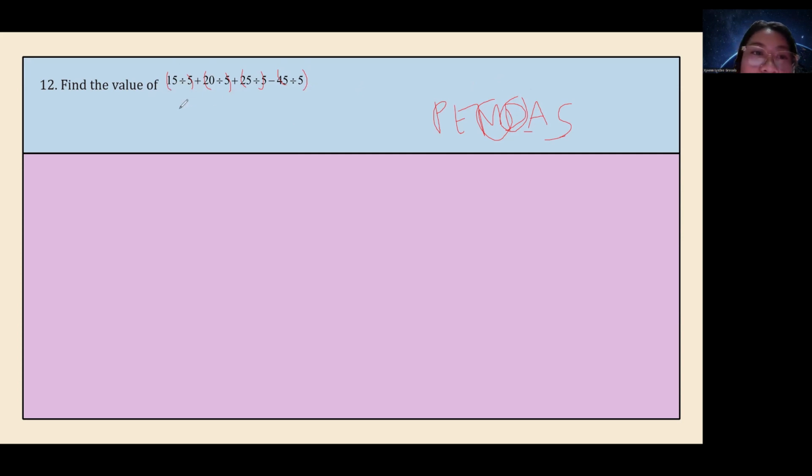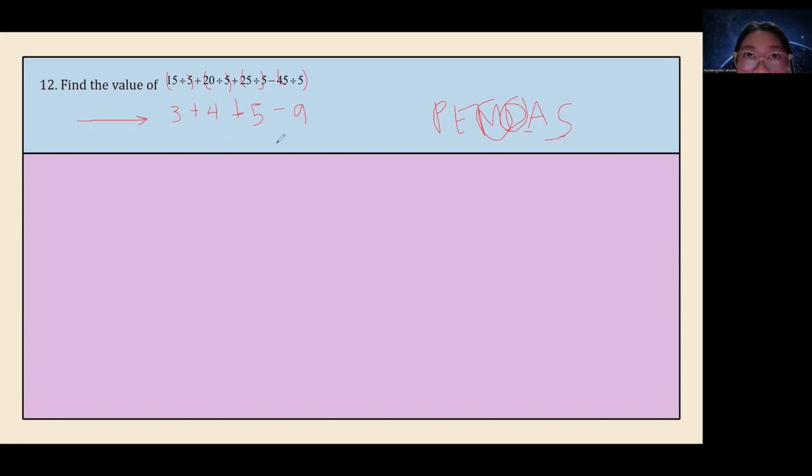So 15 divided by 5, that's 3. Plus 20 divided by 5, that's 4. Plus 25 divided by 5, that's 5. Minus 45 divided by 5, that's 9. Okay, so we can still work, it's okay to not work straightforward, okay? It's okay to not work on our operations from left to right.